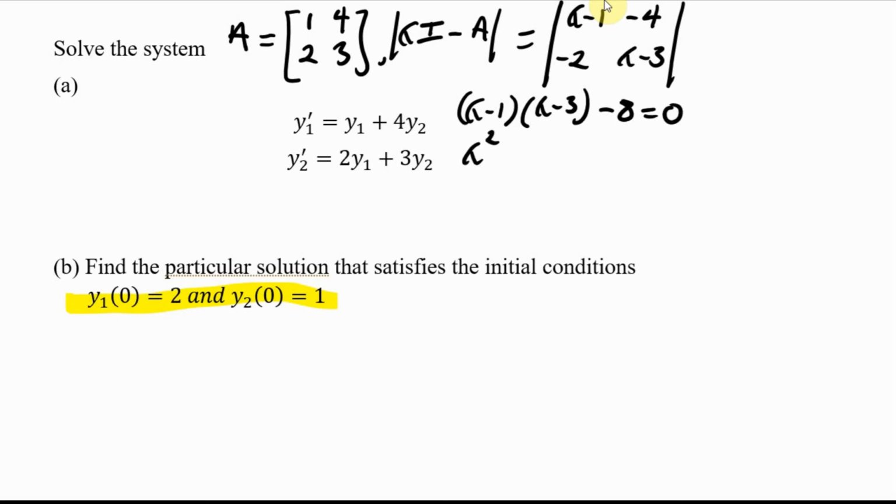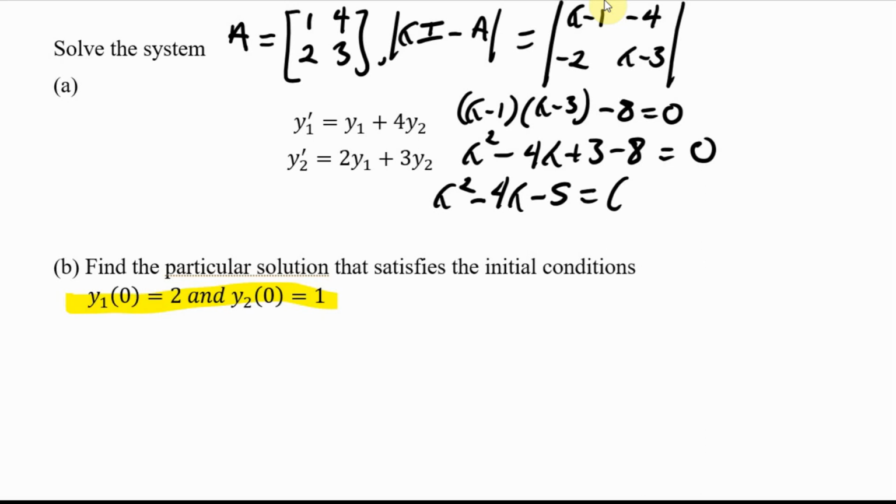So it gives us lambda squared minus 4 lambda plus 3 minus 8 is equal to 0. So we get lambda squared minus 4 lambda minus 5, and that's lambda minus 5 times lambda plus 1 is equal to 0.